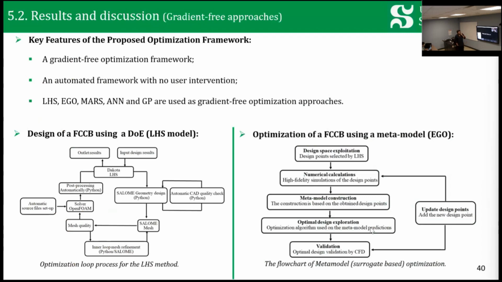After solving the flow equations, post-processing is done in order to get the value of the objective function for each design. For the metamodel, we use the LHS samples to create the model to predict the efficient blower.